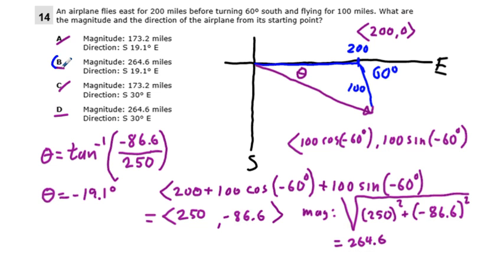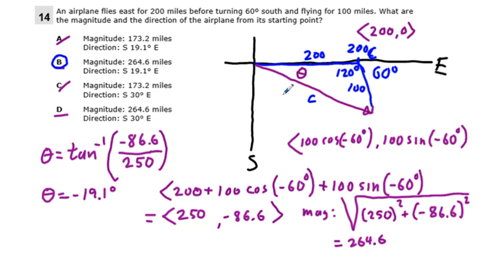And yes, you could also use law of cosines for this, and what you'd have is this angle here would be 120 degrees. And so if we let this angle be C over here, 120 degrees, this side would be 200, this would be 100, and this would be little c.